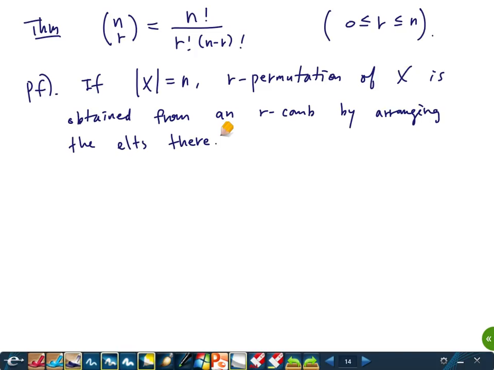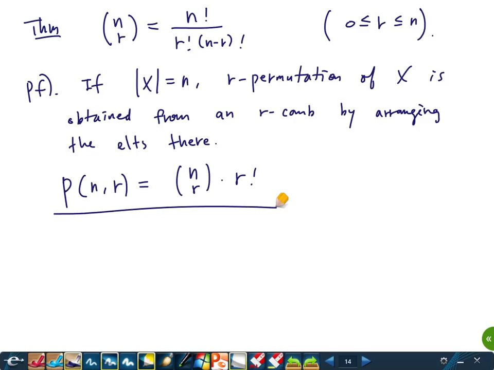That means the number of R permutations, which is P(n, R), is equal to n choose R. We first select one R combination, and then we arrange the elements in the subset. There are R elements, so the number of ways to arrange them is R factorial.